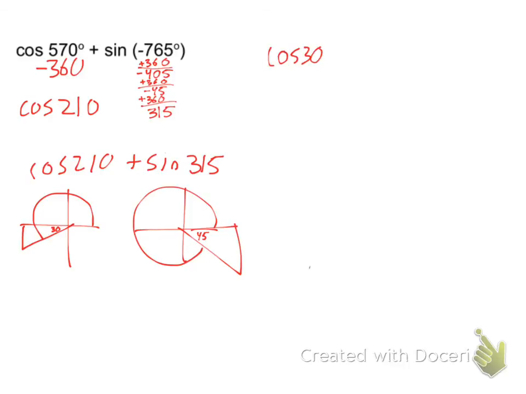But it's not cosine of 30. It's in the third quadrant. Cosine is negative, so it's a negative cosine of 30. Is everybody seeing how I affix a negative to these things?